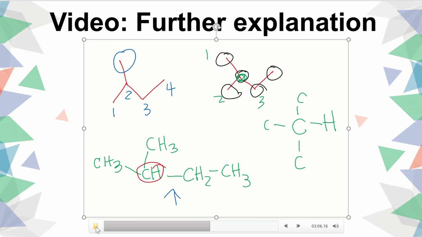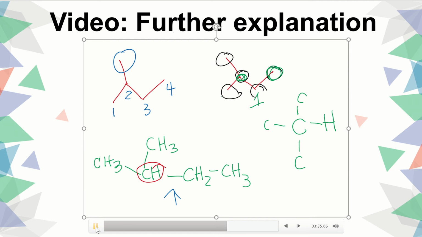If we look at the end carbon, let's get rid of our numbering here. How many carbons are attached? Let's work with this one. How many carbons are attached to it? If you answered 1, then you are correct. So if we have 1 carbon attached to it, how many hydrogens are present?